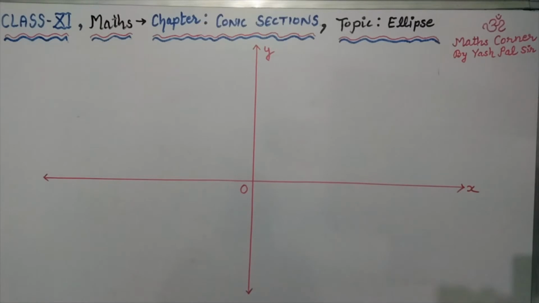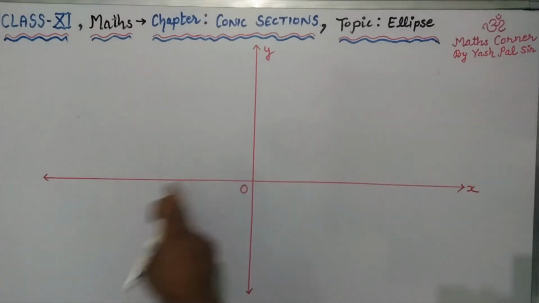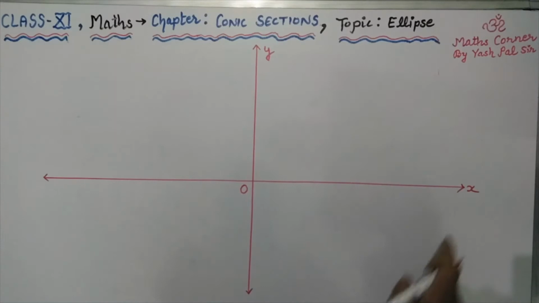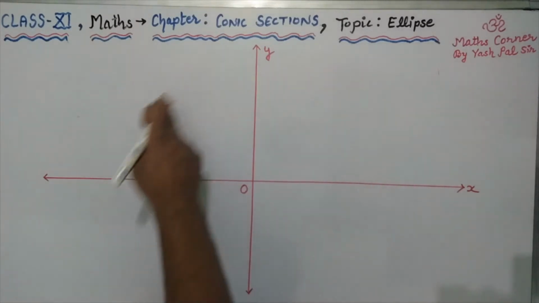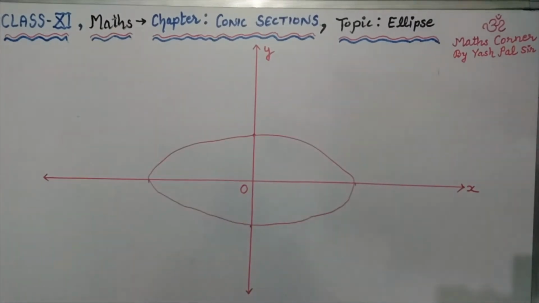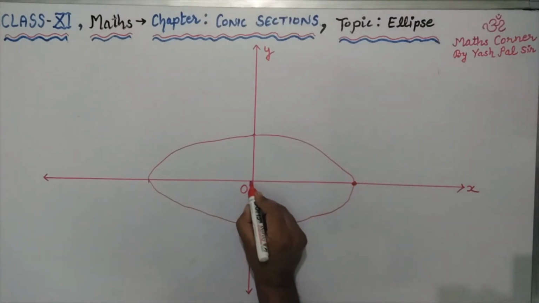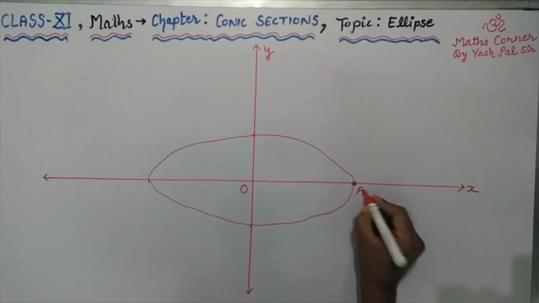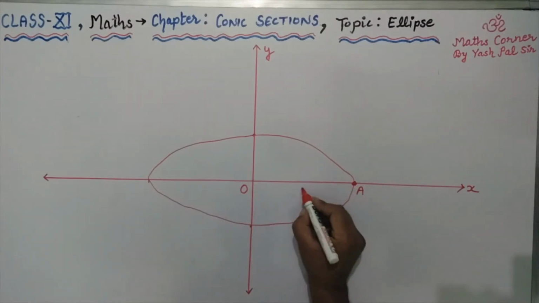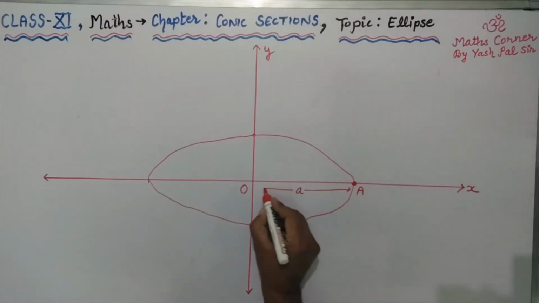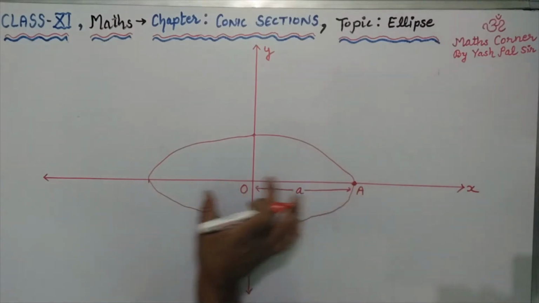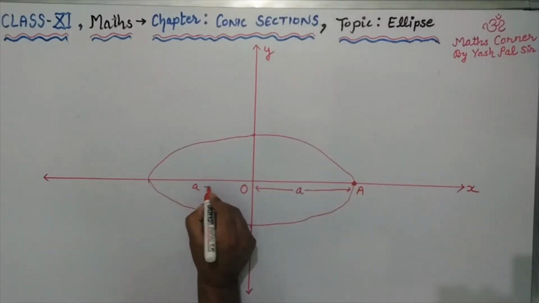If we want to know more about the ellipse, then suppose this is the system of coordinate axes, x-axis and y-axis. Here we are going to describe the ellipse like this. This is the shape of the ellipse. Now from O to this point, suppose this is A and this distance is a. The same distance is here, this distance is also a.